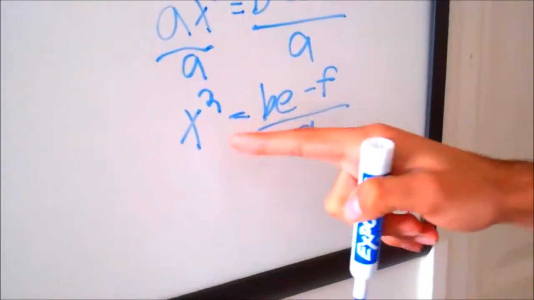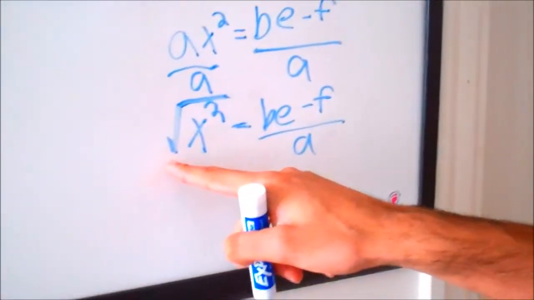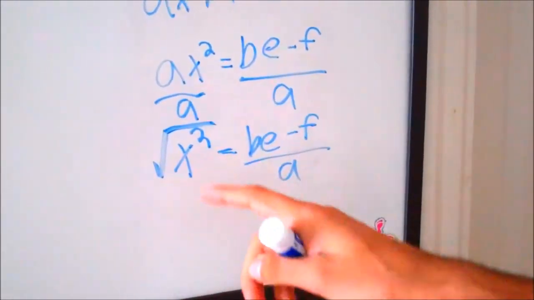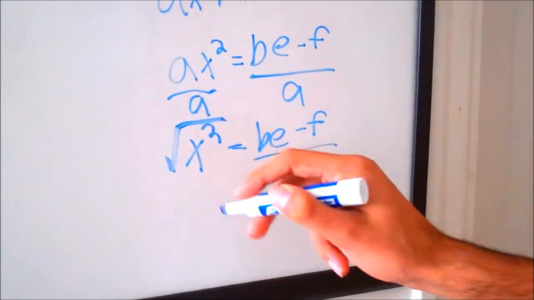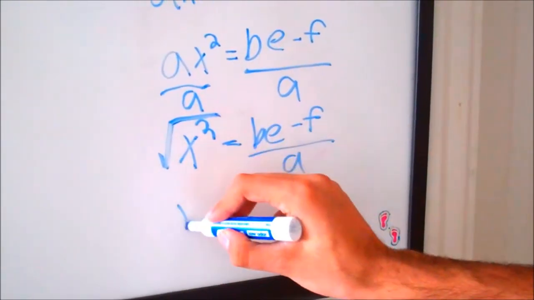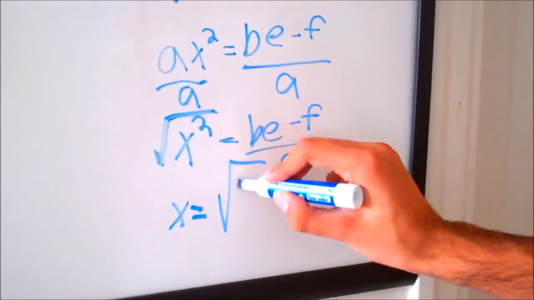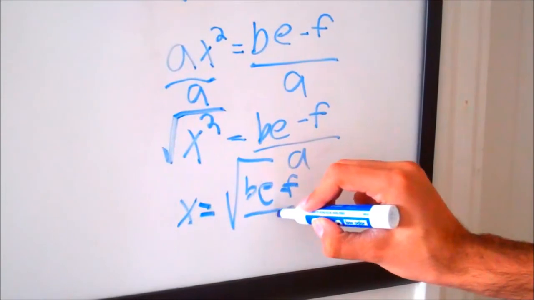Now we get to the exponent. In order to get rid of the exponent, we must square root it, depending on what it is. If it is a square root, then we must square the equation. If the equation is squared, we must square root the equation. Now we get x equals the square root of (be minus f) over a.